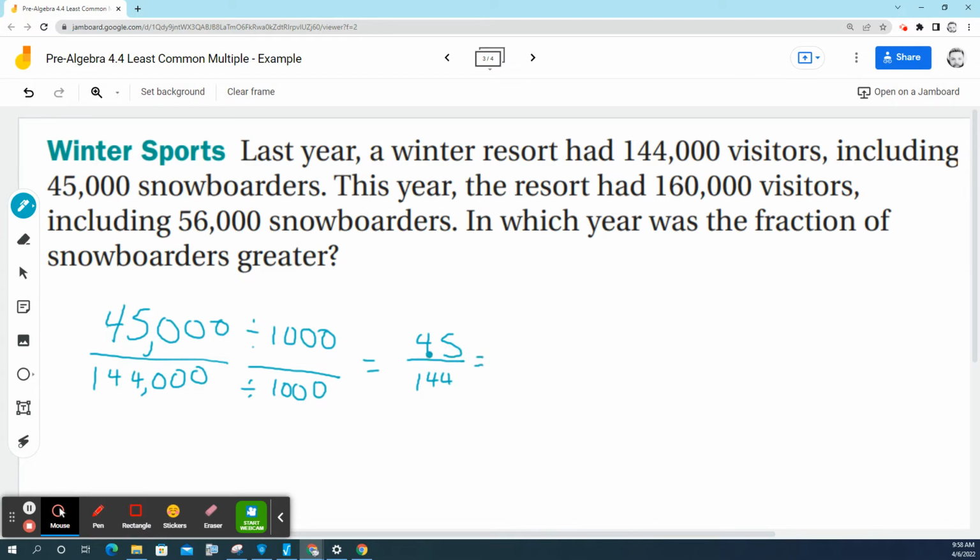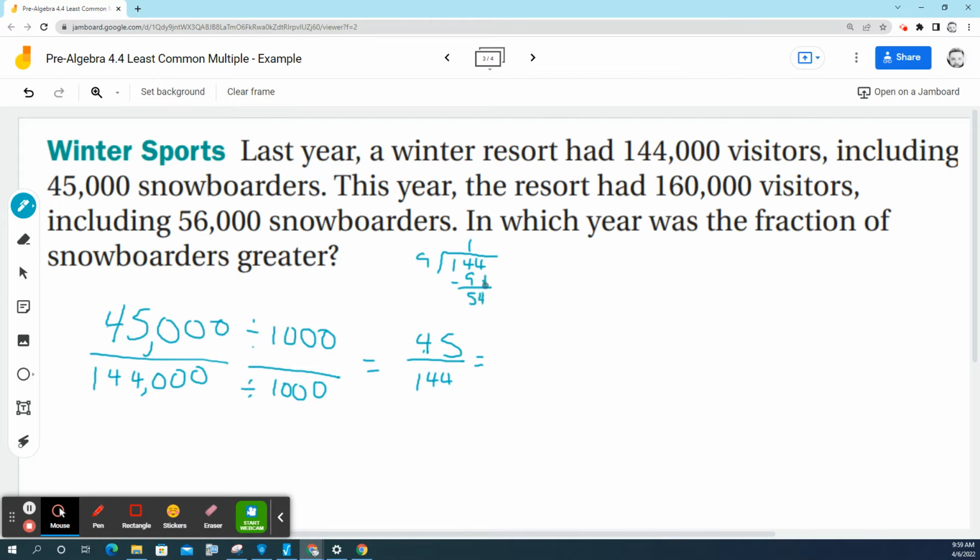And then if I do prime factorization, actually, I think 144 is divisible by 9. Let's see real quick. 144, oh, that's a horrible 144. I'm drawing it kind of small, so I have room left. 9 goes into 14 one time. 1 times 9 is 9. 14 minus 9 is 5.